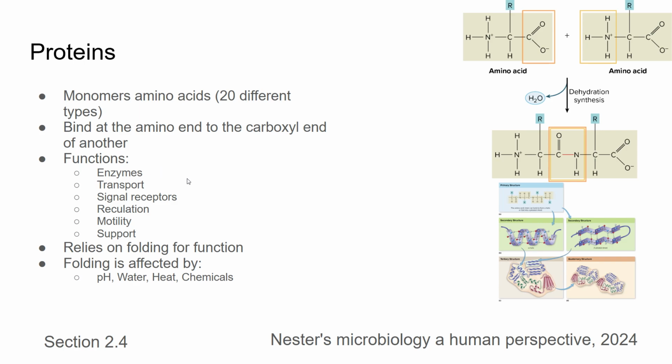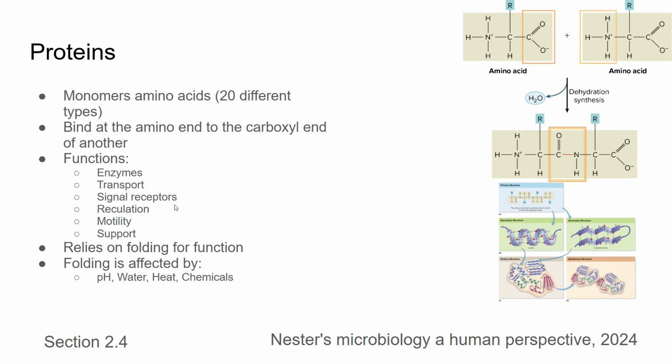So the functions of proteins are going to be really broad. If there's anything your body's actively doing, it's probably a protein. Enzymes are going to speed up chemical reactions in your body. We call these biological catalysts. These can act as transporters, so they can allow things through the cell membrane of a cell, or even push something out of a cell.